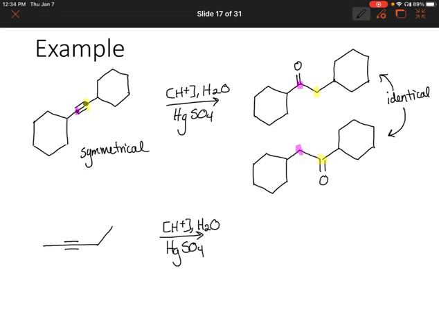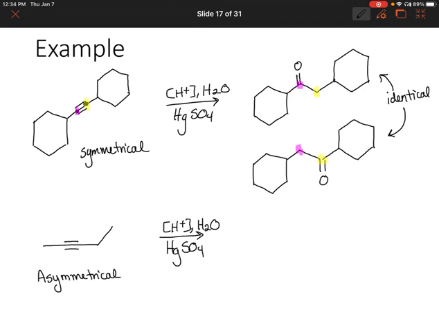So if you have a symmetrical alkyne, that's going to give you the same exact product at the end, regardless of where the ketone adds. So you just get one product at the end. Now, what about our next alkyne? Our next alkyne, you'll notice, is asymmetrical. So this is not a symmetrical alkyne.